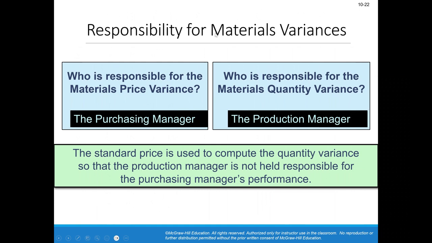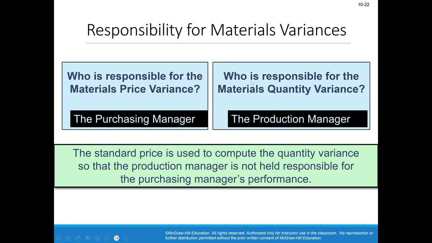Okay. So the purchasing manager again is responsible for the material price variance. The production manager is responsible for the material's quantity variance. However, the standard price is used to compute the quantity variance so that the production manager is not held responsible for the purchasing manager's performance.